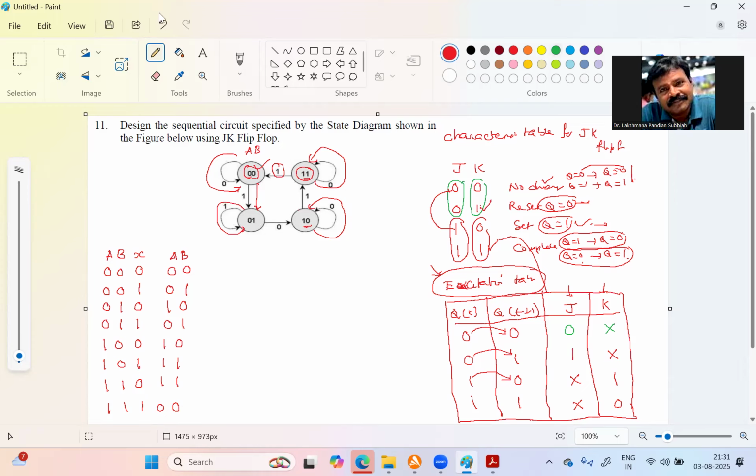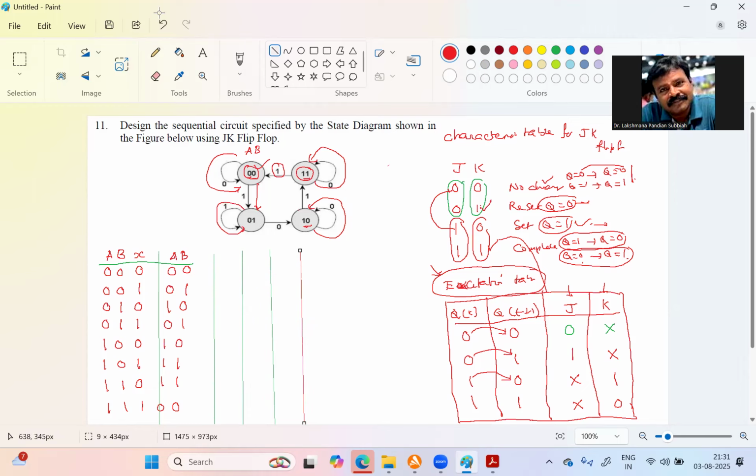Right? Now here you have to give the input values. So here you write J_A, K_A, then J_B, K_B, right?